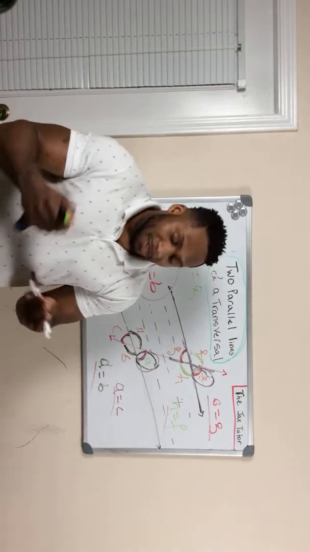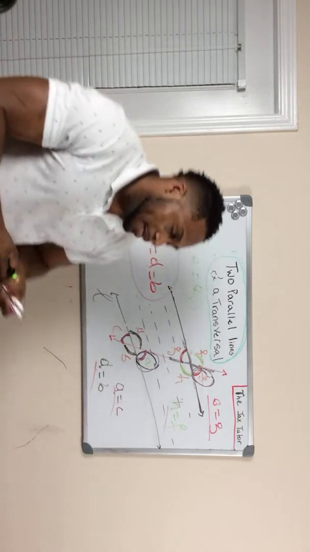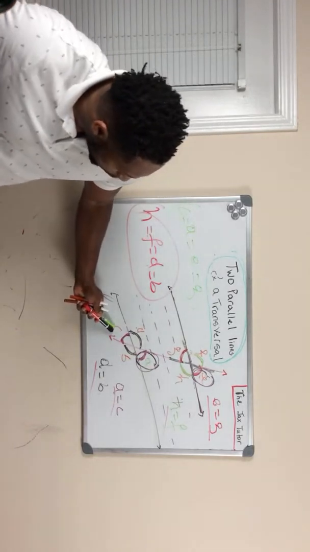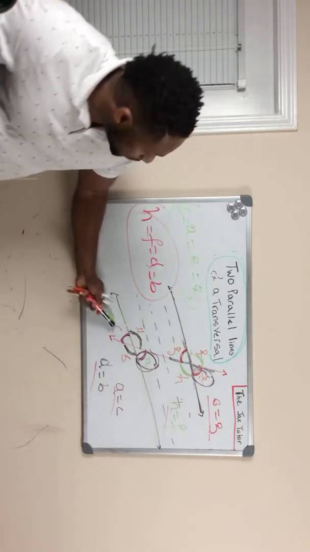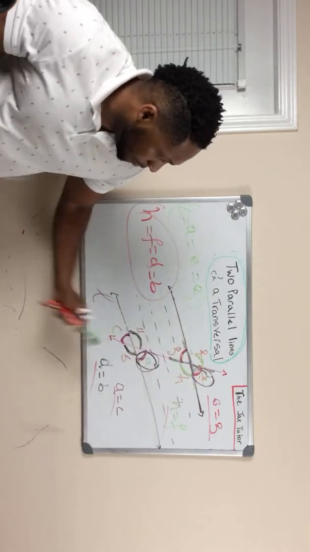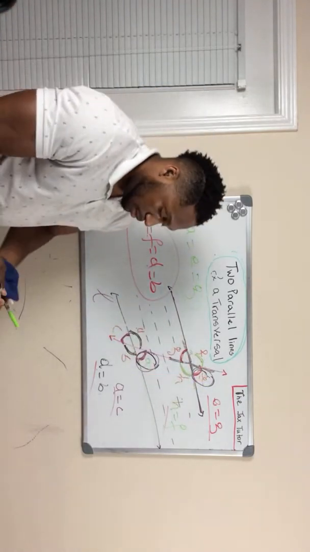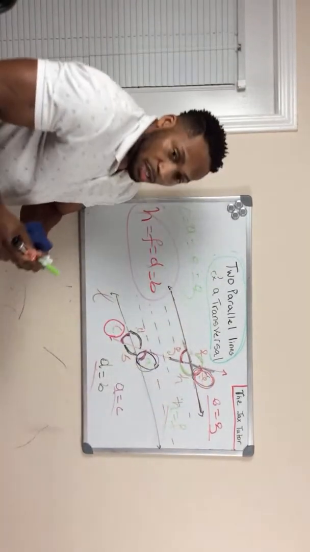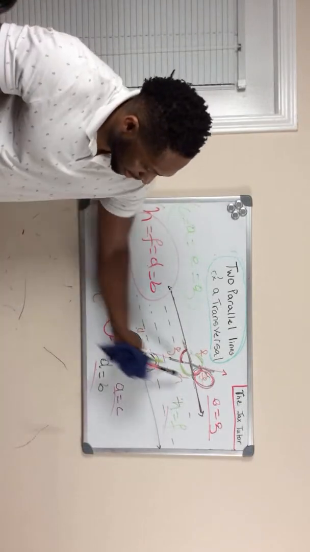Now they have names for these, so how does this angle C really end up equal to this? They have a name for this. These angles, the C and the E, they call those alternate exterior angles.